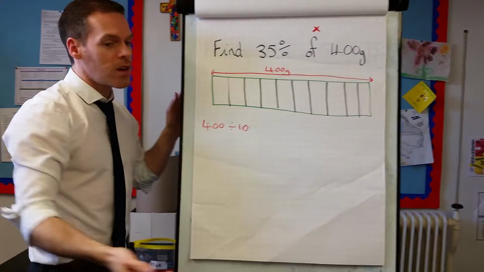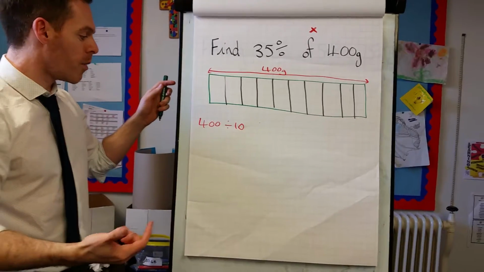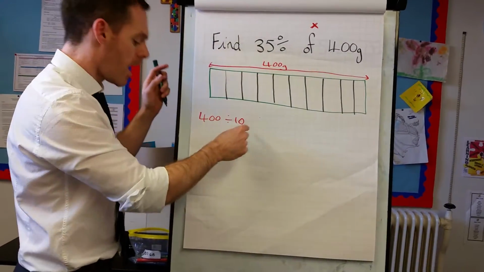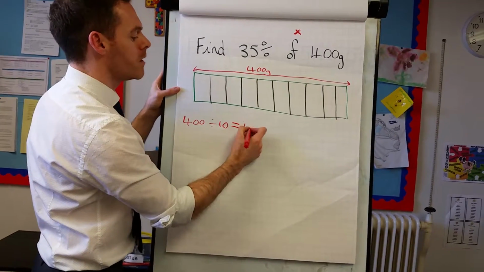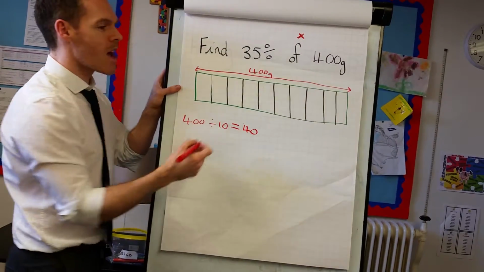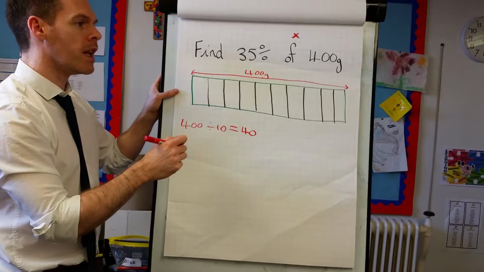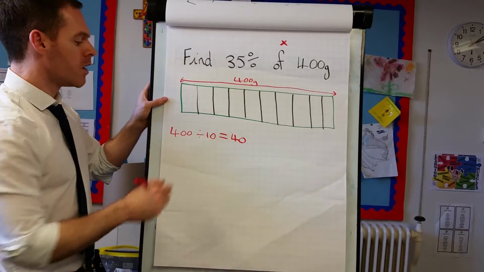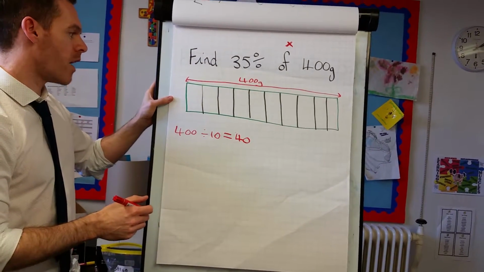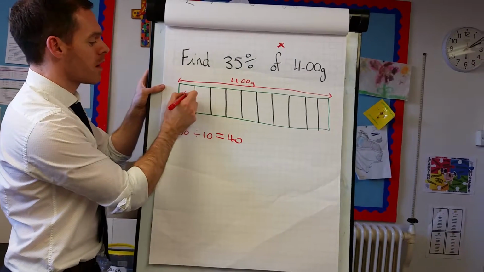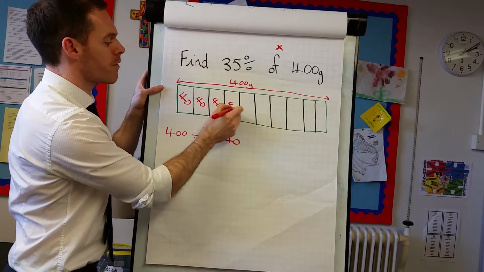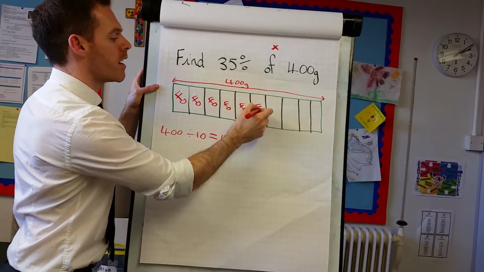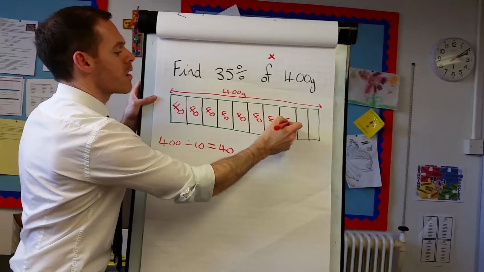And of course, again, I know how to divide by 10, so that's really easy for me to do. 400 divided by 10 will equal 40, because I know that that means my digits are getting 10 times smaller, which means I'm moving each digit one place to the right. So each equal part is worth 40 grams. 40 grams into each of the 10 equal parts.